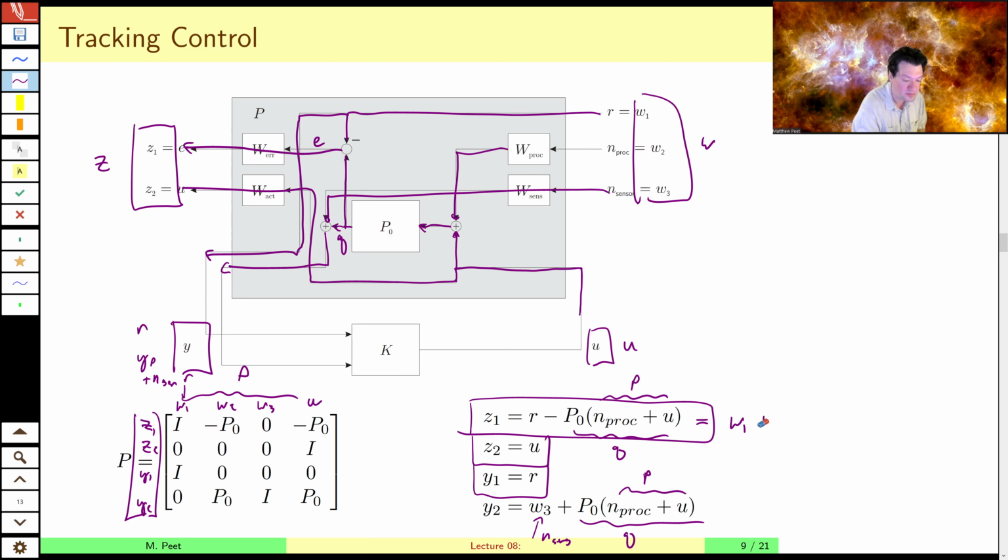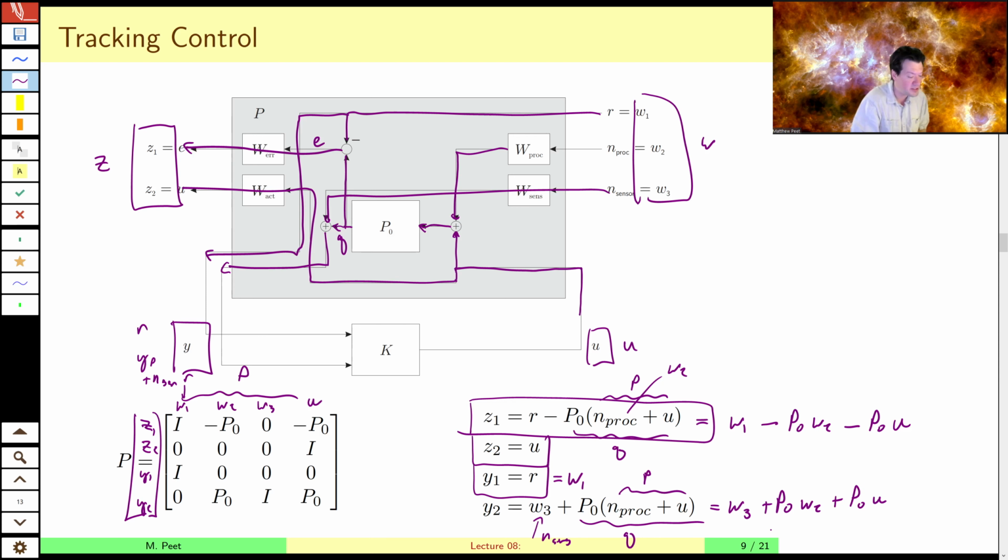W1 minus P0 W2, remember this is W2, minus P0 U, by linearity of the system. This one is obvious, don't need to write it down. This one is W1, and this one is W3 plus P0 W2 as before, plus P0 U.